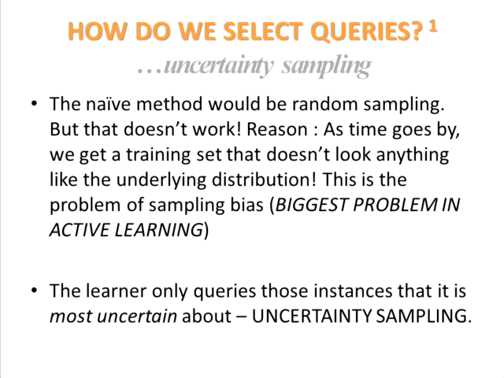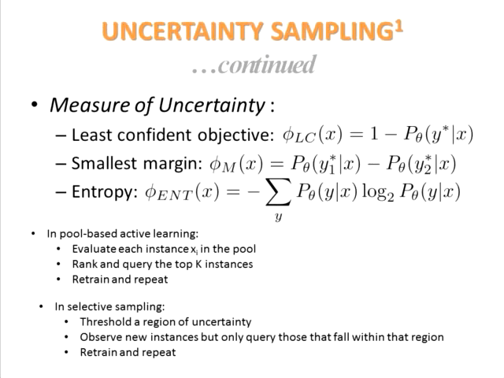So instead of random sampling, what we do is called uncertainty sampling. We query the oracle for only those points which we are the most uncertain about. And that makes sense, right? When you cannot decide what is going to be the label, you ask a human annotator or the oracle for its label.